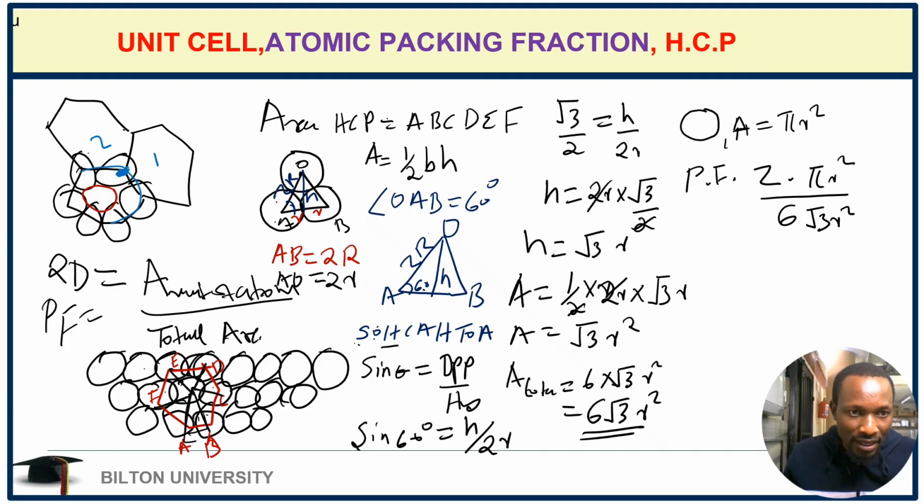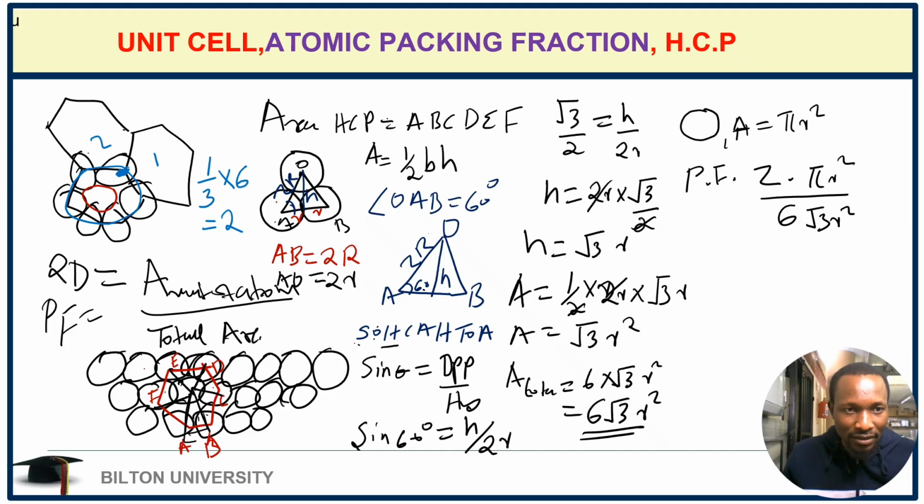So it means that every corner atom in 2D HCP is being shared by 3 unit cells. So the contribution of the corner atoms will be 1/3 times the total number of corner atoms in that unit cell. How many atoms are there in this unit cell? There are 6, and 1/3 times 6 gives us 2.